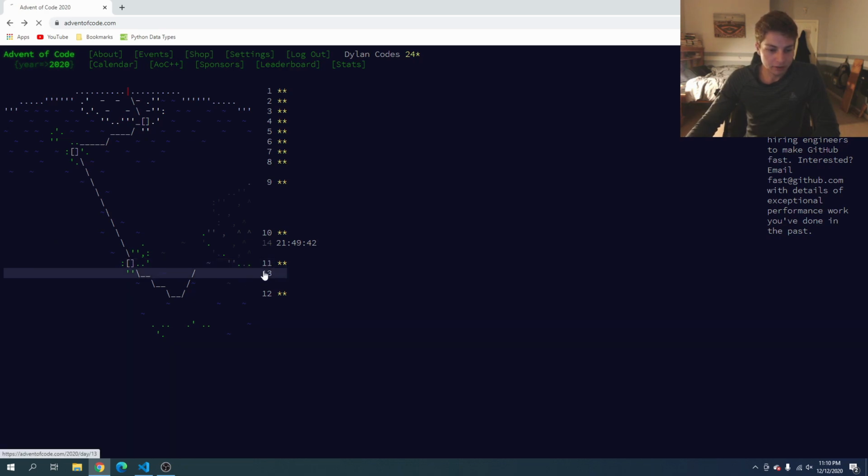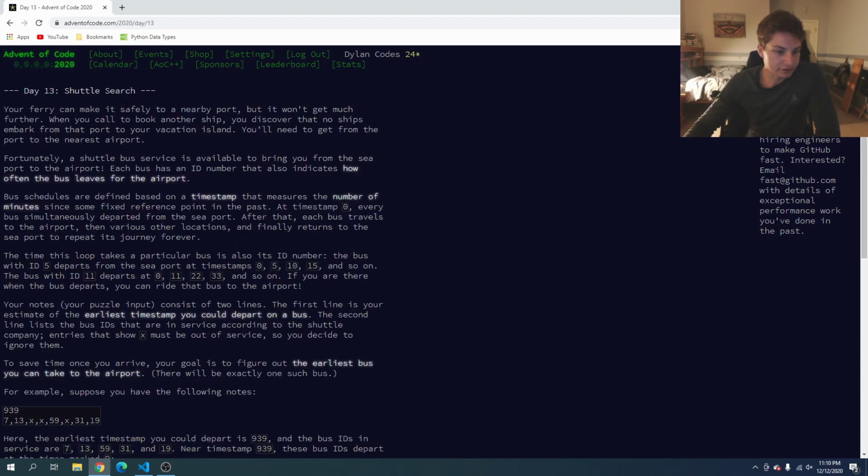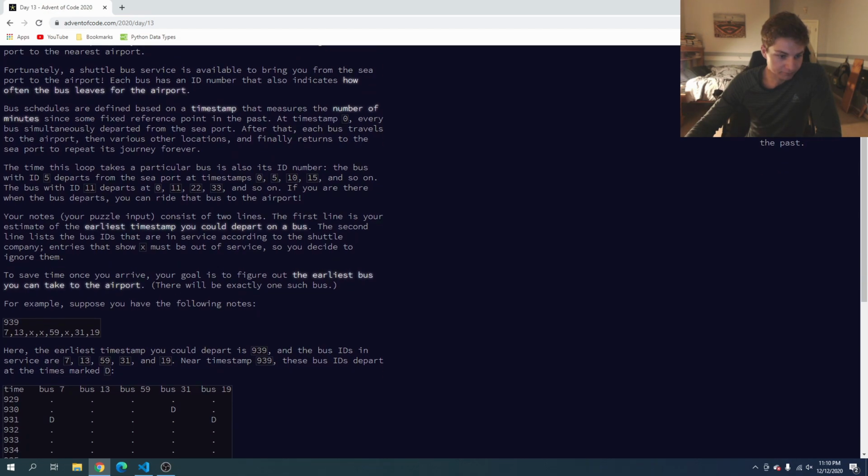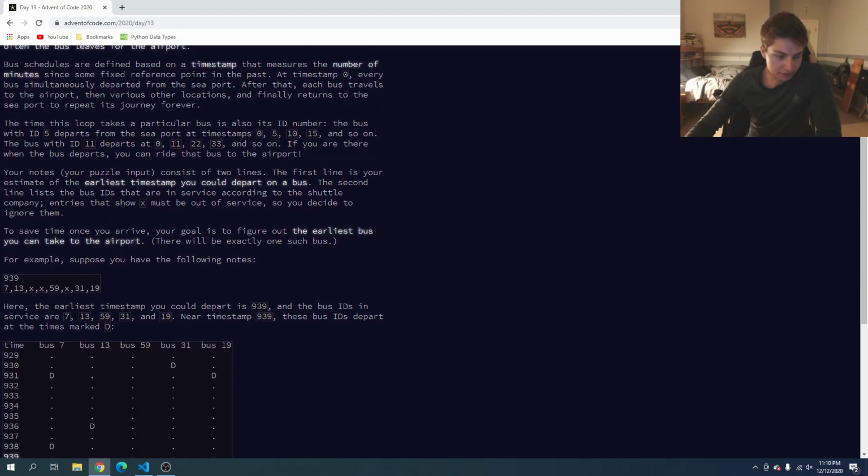Alright, day 13, shuttle search. We made it safely, but we're going to have to take a shuttle to the nearest airport. Bus schedules are defined based on timestamp and number of minutes.